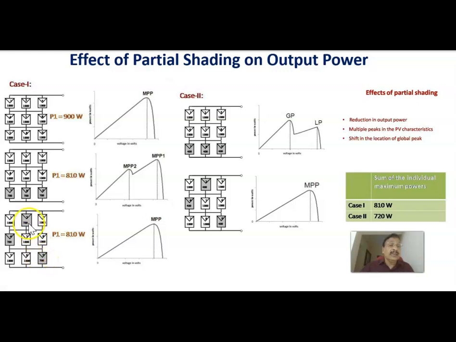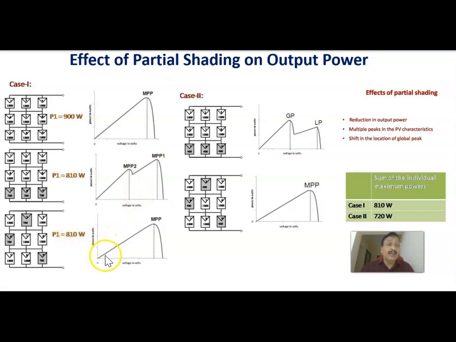The effect of rearranging the panels like this is that the maximum power is the same, no change, because 6 panels are 100 watts and 3 panels are 70 watts. Therefore, 3 into 70 plus 6 into 100 is 810 watts.